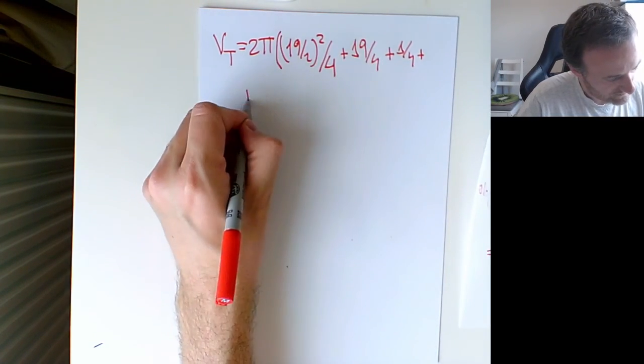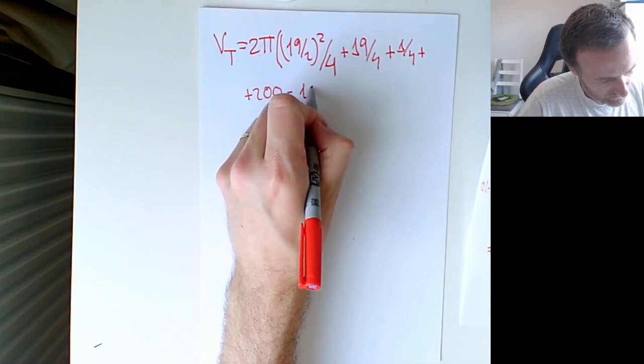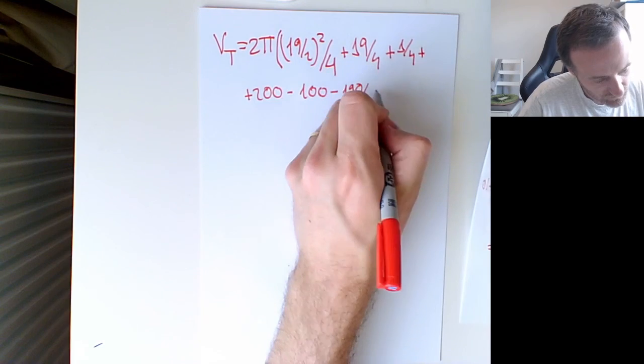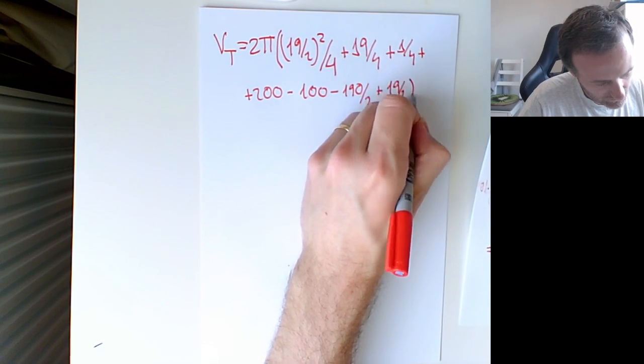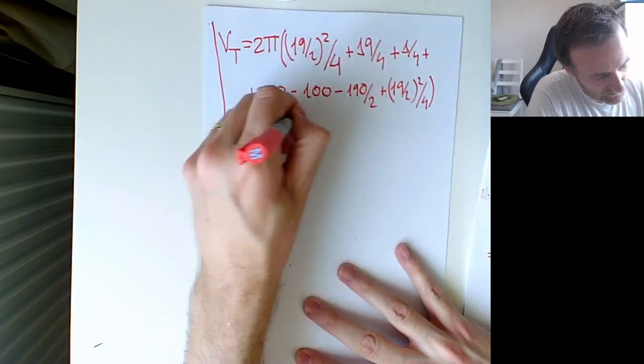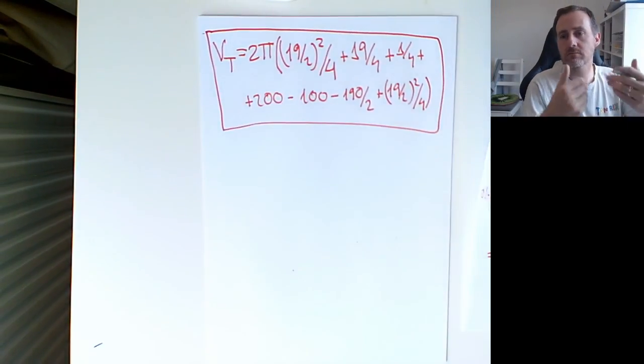Plus 200 minus 100 minus 190 divided by 2 plus 19 squared. Very good. Be my guest and simplify this. It's up to you.